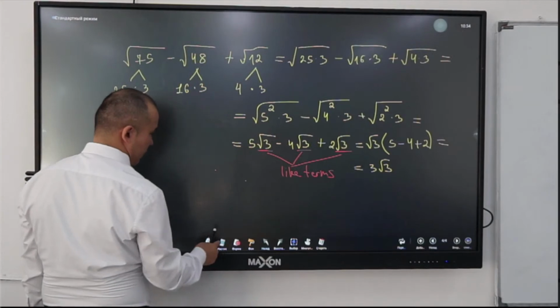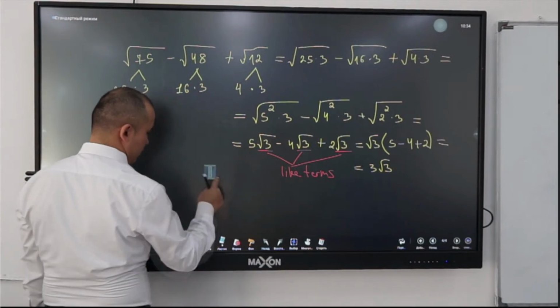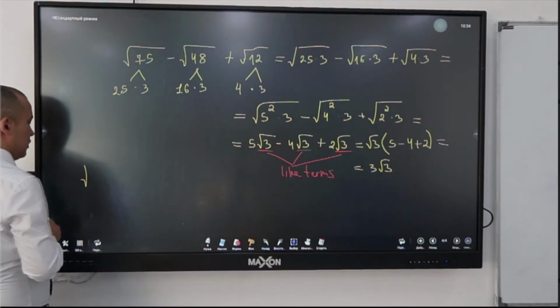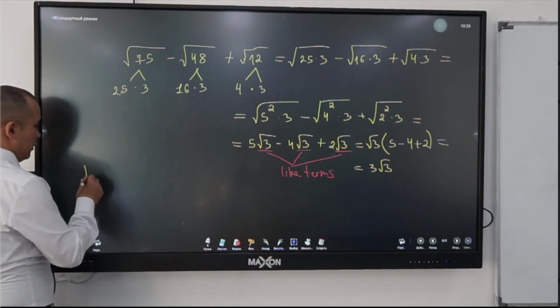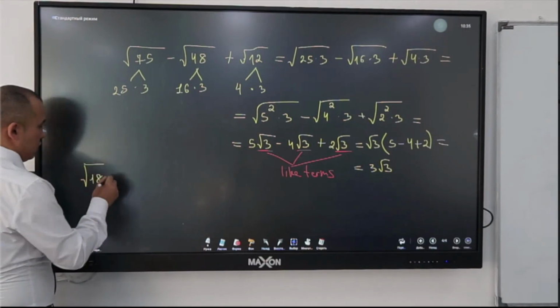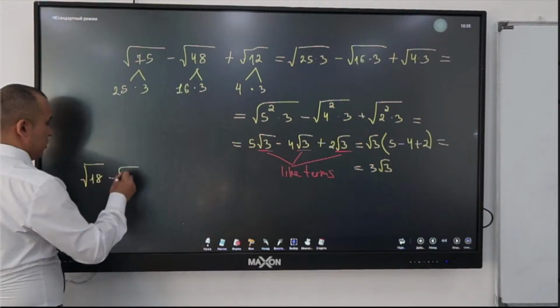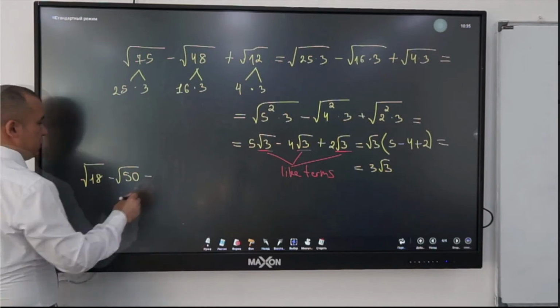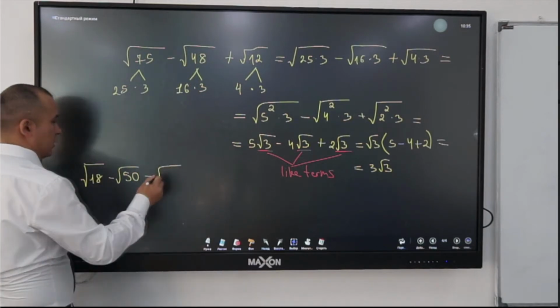Okay, so let's write another example. Root 18 minus root 50 minus root 98.